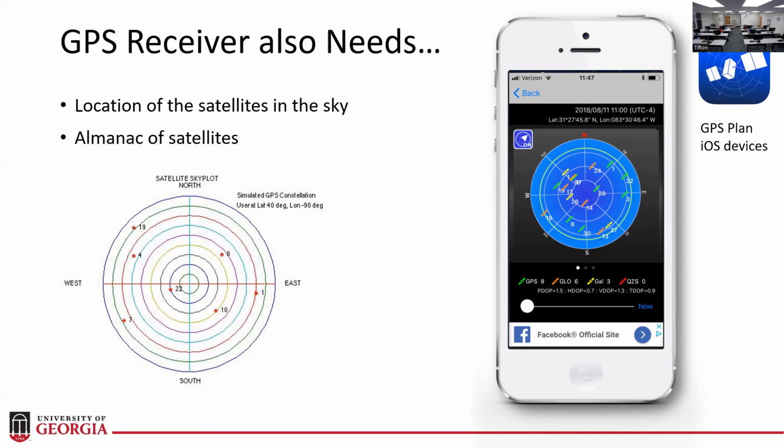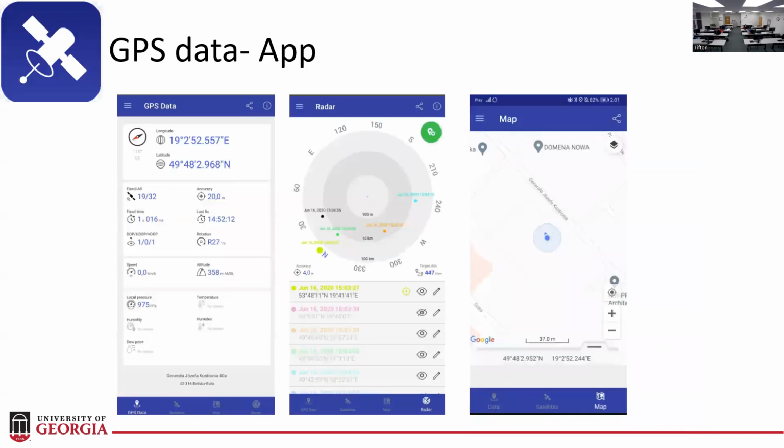The almanac of satellites is going to show you the location information about every satellite in the sky. And you can download apps on your phone that show you the almanac of satellites. For example, this app here, GPS Data, I know they have this app for Android, probably for iOS as well, so everyone can download it.